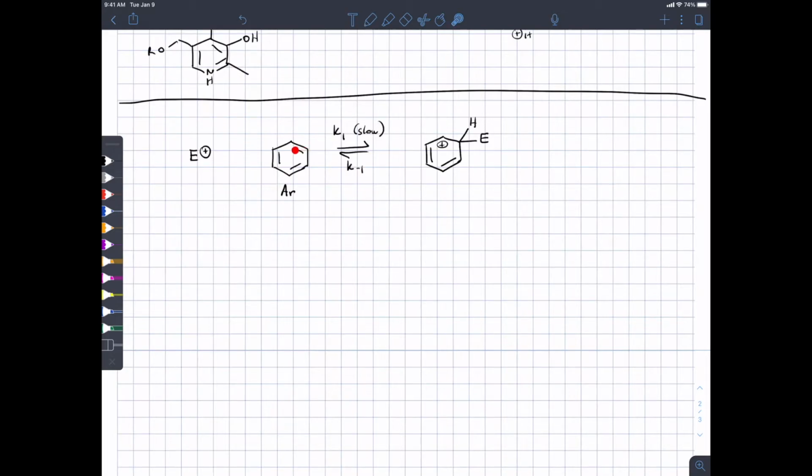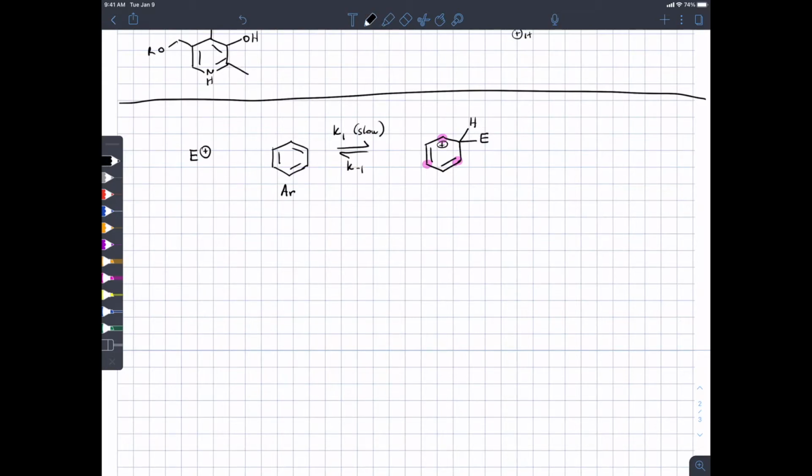Because we take 2 of the pi electrons from the benzene ring and we attack the electrophile. What that leaves us is a carbon that is now sp3 hybridized, and what's left is sort of a pentadienyl cation, where hopefully you can see that the positive charge would be shared between those 3 carbons.